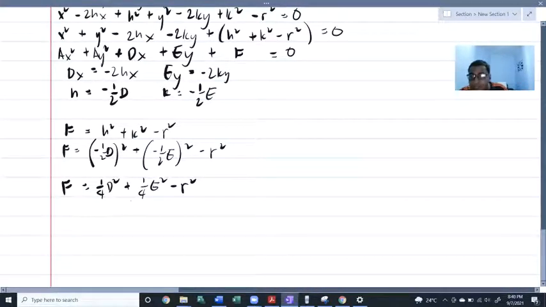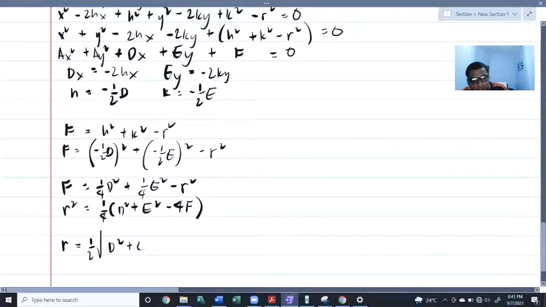Let's multiply both sides by 4 and isolate r. So we have r squared is equal to, we can factor out 1/4, 1/4 times d squared plus e squared minus, to balance the equation, we need to put 4f. Okay. So that our r is equal to 1/2 times the square root of d squared plus e squared minus 4f. Okay.